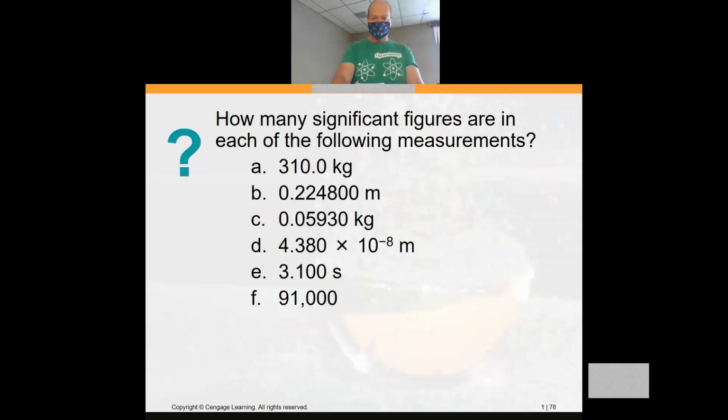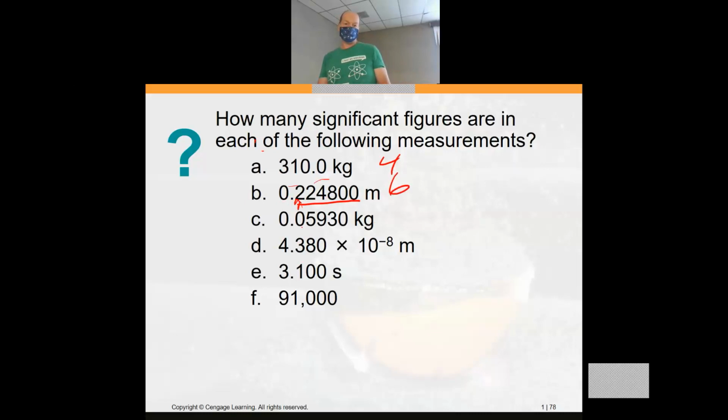Okay, so again, lots of conversion factors. Easiest questions on the test are these. Do not miss these questions. This is simply, do you know your rules for your zeros? All right, so that's 4 sig figs. This one is all of the zeros to the right of the first non-zero digit. When you have a decimal, a leading zero is not significant.